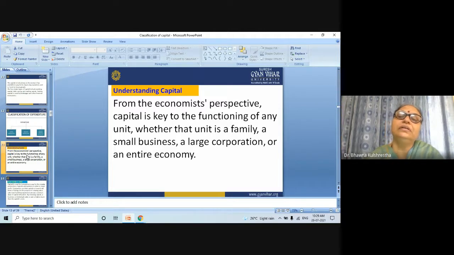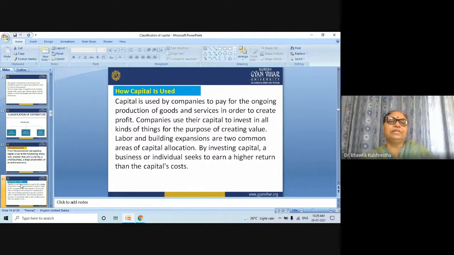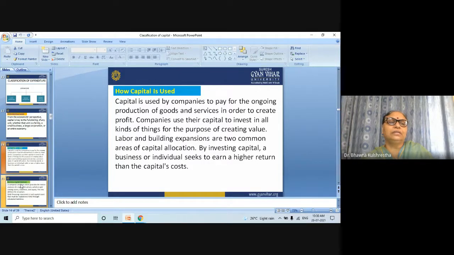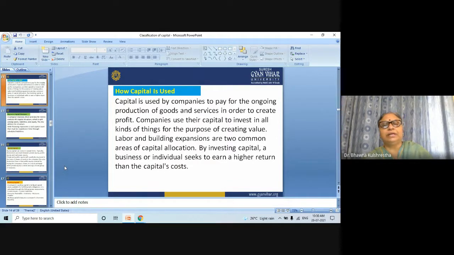And the next is how capital is used. Capital is used by companies to pay for the ongoing production of goods and services in order to create profit.